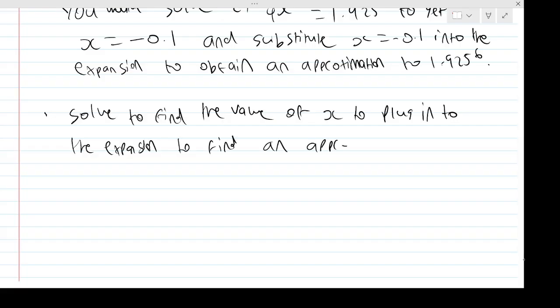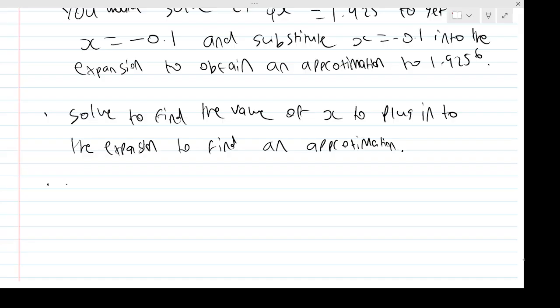Hopefully you understood what we did here with these examples. It's the same sort of idea. We find an expansion of a bracket, then we can use the bracket to find the value of a number by equating the number and the bracket together to get the value of x. Then we can plug that x into the expansion to get that approximation.